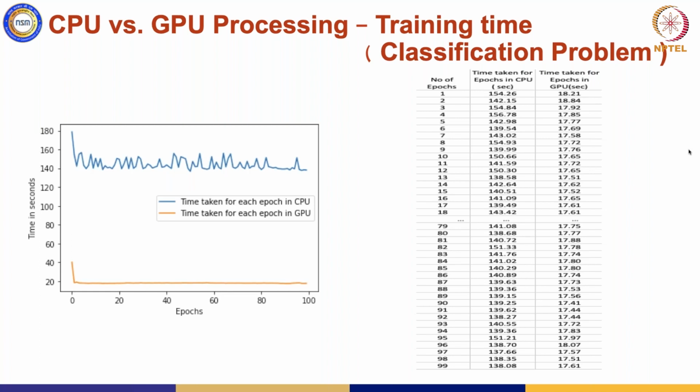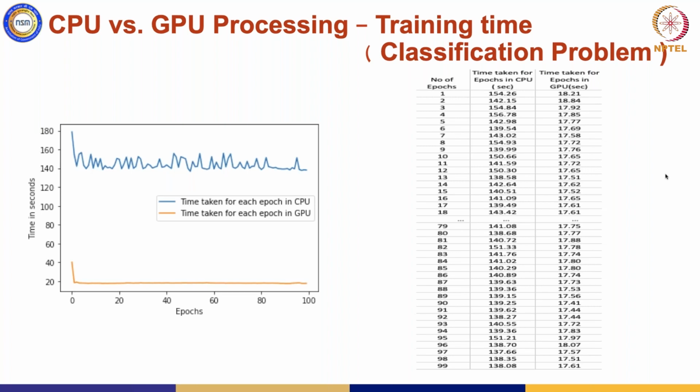This was just to show you the time difference between something which you run on a CPU and something which you run on a GPU, all the way up till 100 epochs.